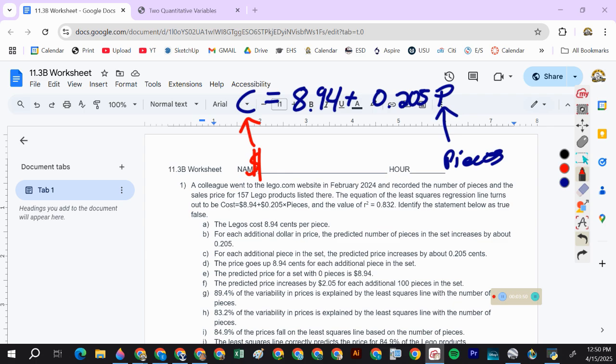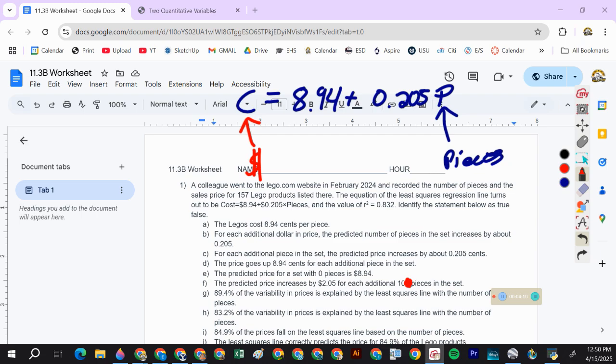Oh, let's change it to 10 pieces in the set then. So I think this is my mistake. Sorry.